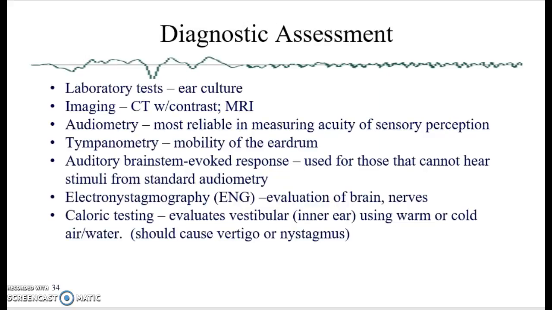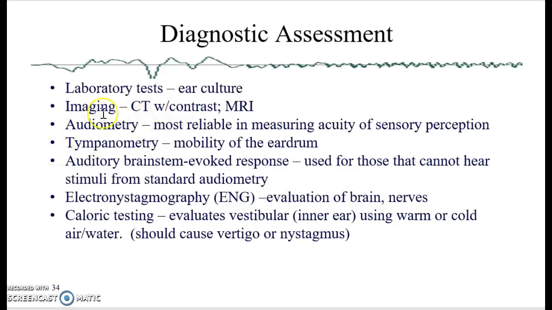Other diagnostic assessments, lab tests: there are very few, mostly just ear cultures that you would look for. Of course, with severe infections, you're looking at white counts as well. For imaging, they'll usually do CT with contrast and MRI.